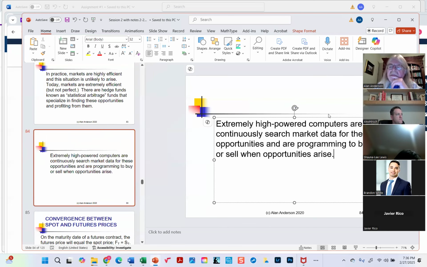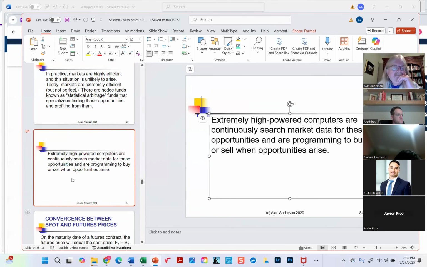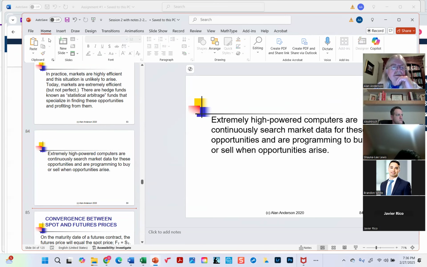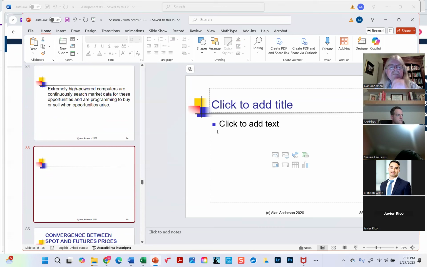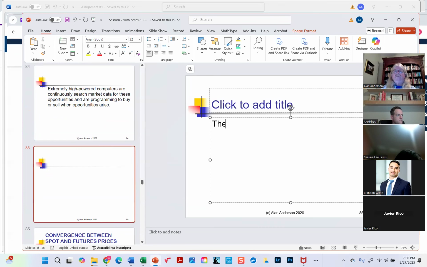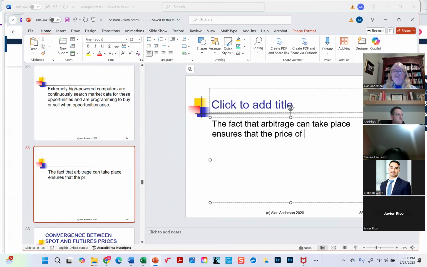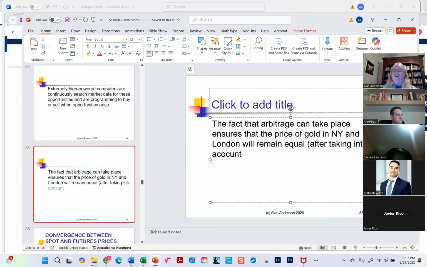But at the same time, the fact that arbitrage can take place ensures that the price of gold in New York and London will remain equal after taking into account transaction costs.